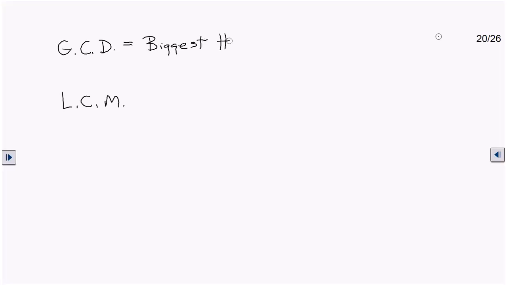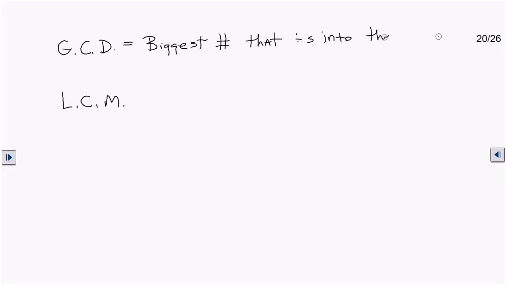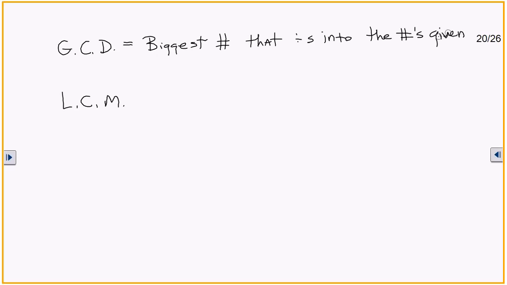The biggest number that divides into the numbers given. You'll see that in just a minute. The biggest number that divides into the numbers given.